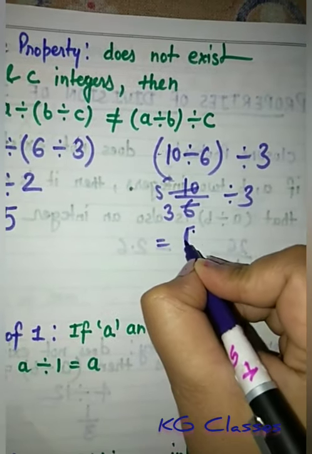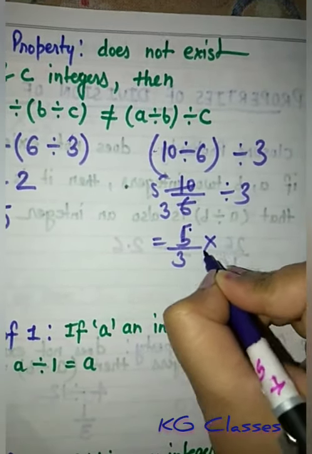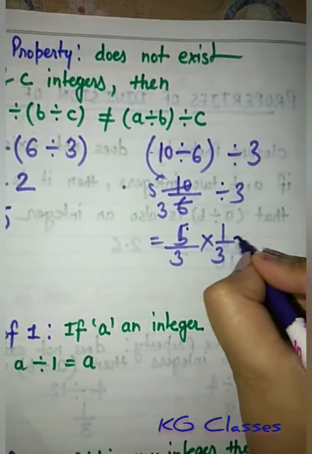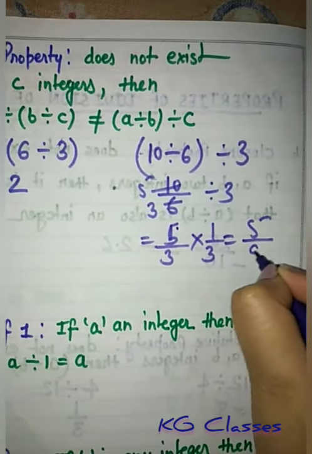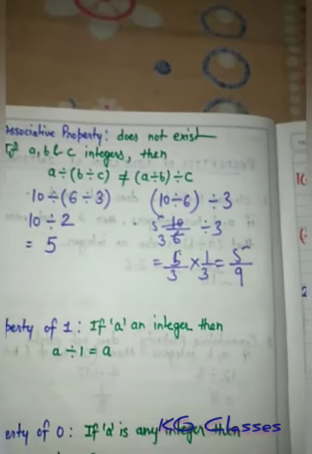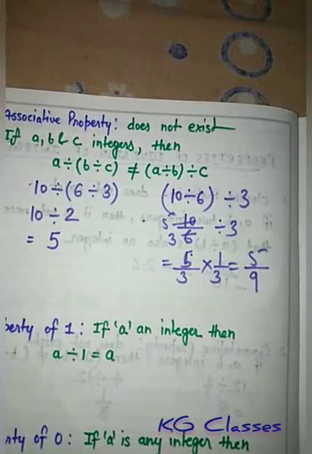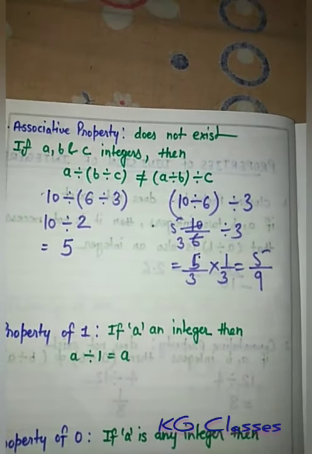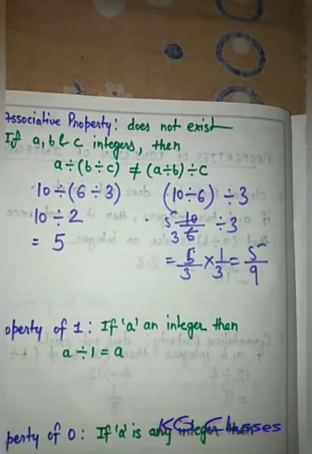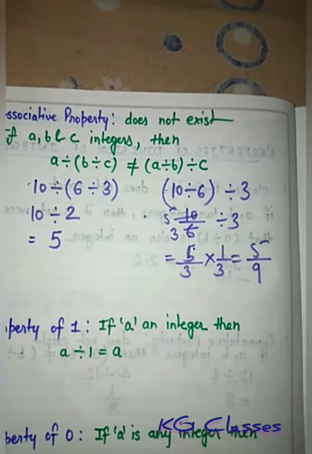We will have here 5 by 3 and then 1 by 3. So in both situations we find different results. So we can see here associative property also does not exist here.